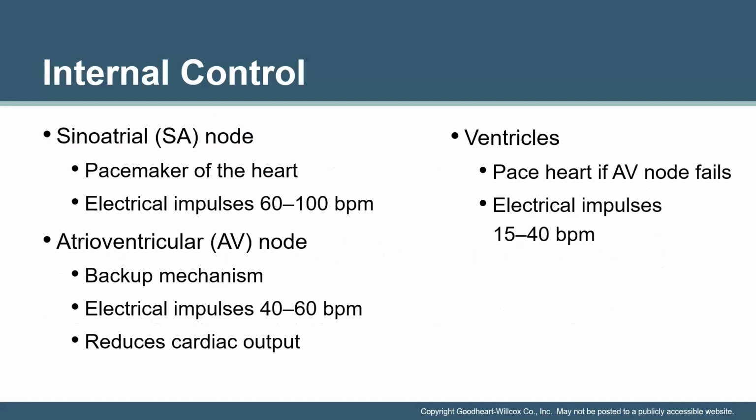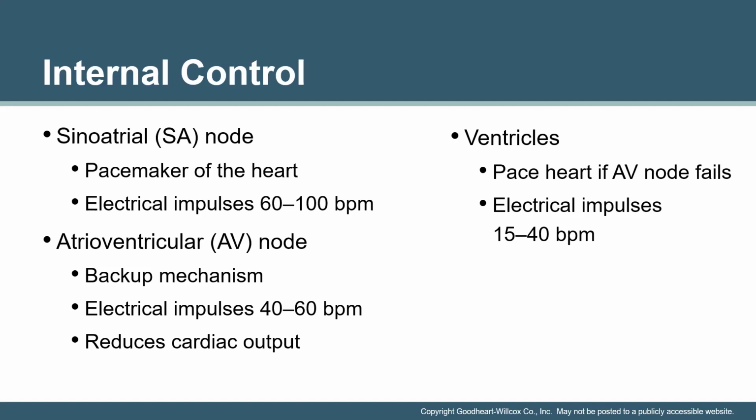Okay, so when we're talking regulation of the heart, we have to talk about the conduction system of the heart. This has to do with what is actually controlling the heart rate, and that's multiple factors. The conduction system of the heart is a whole assembly line of electrical impulses that starts at what's called the SA node or the sinoatrial node.